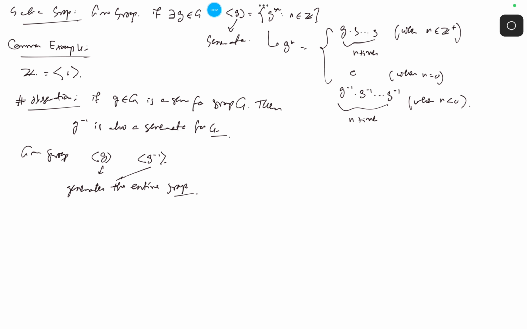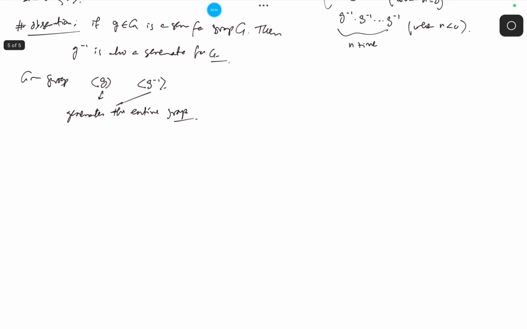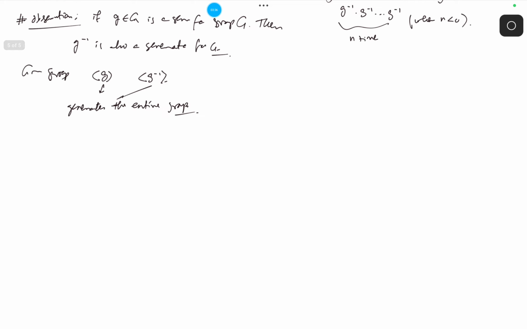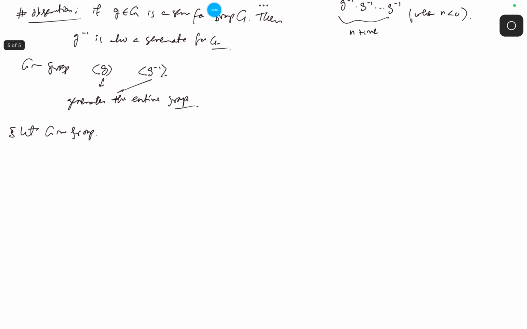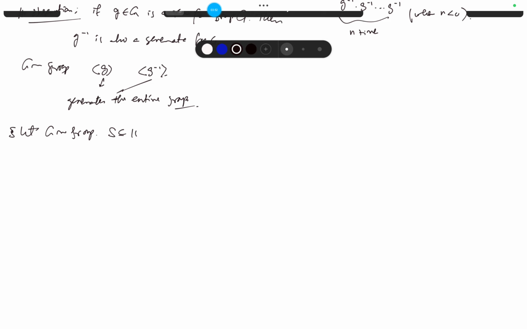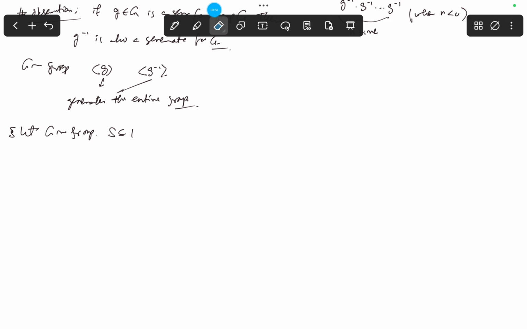And maybe we can define some other kind of groups. Let G be a group and we consider S a subset of G, which is of course non-empty.